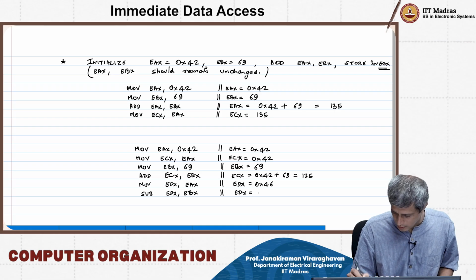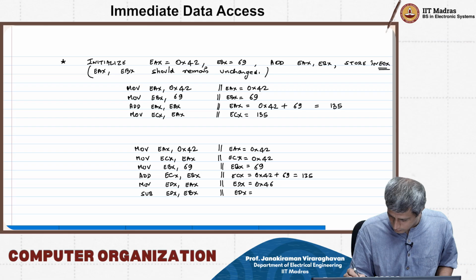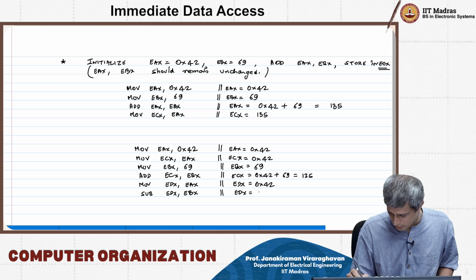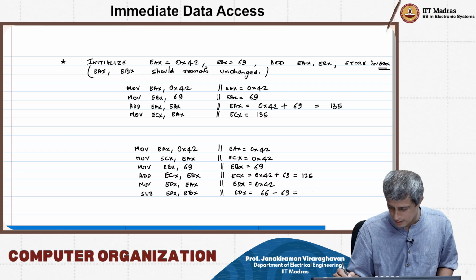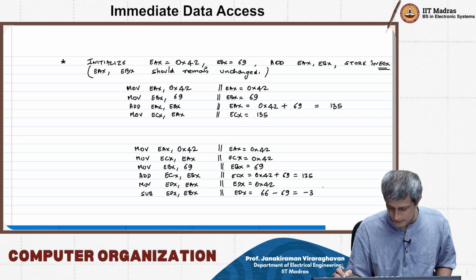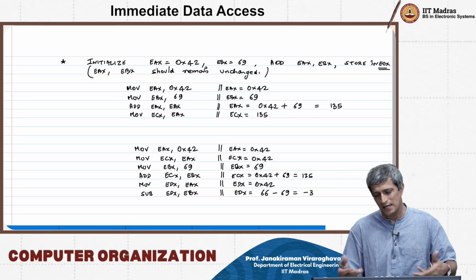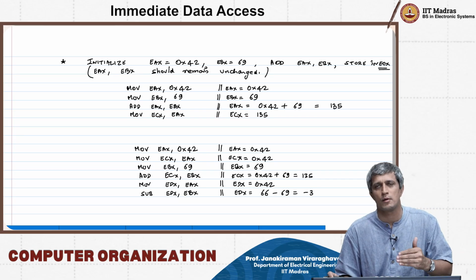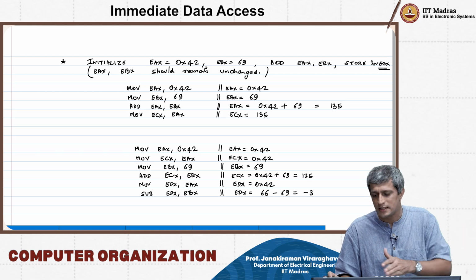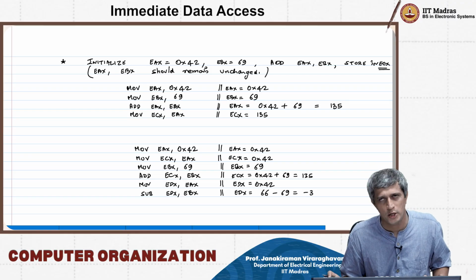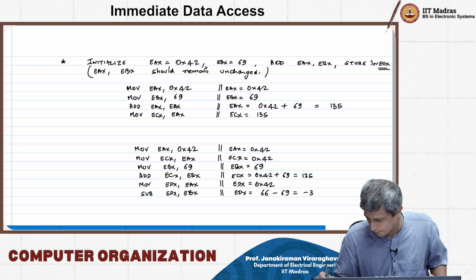EDX will be this is 0x42. So this is 66 minus 69, answer will be minus 3. So this is exactly where for example I want to use EAX and do another subtraction operation with it. Then this is the best way for me to do this whole operation.